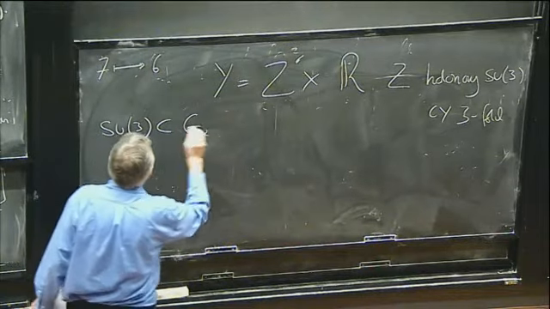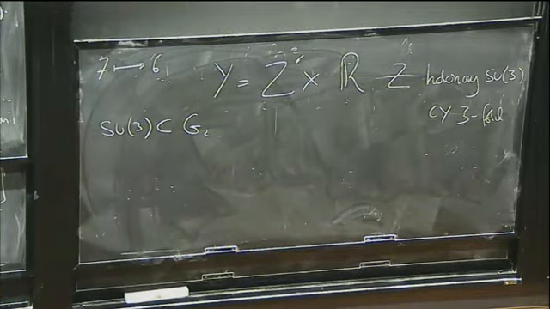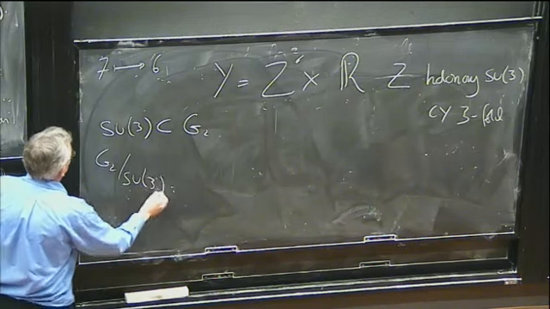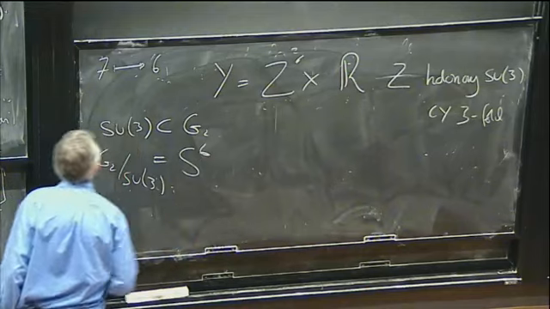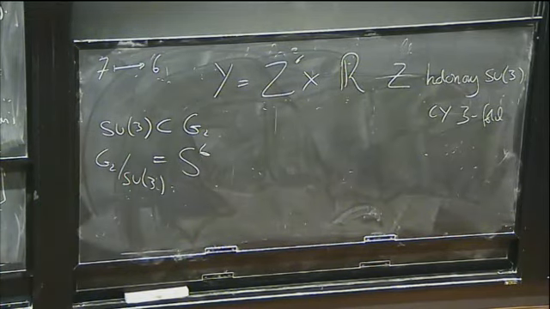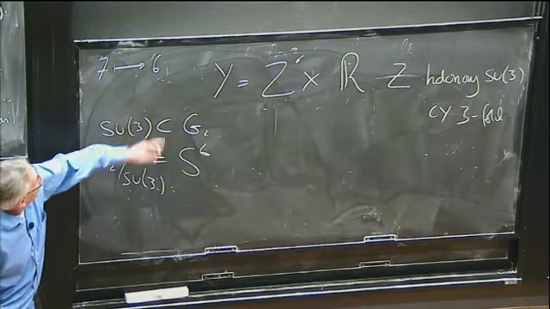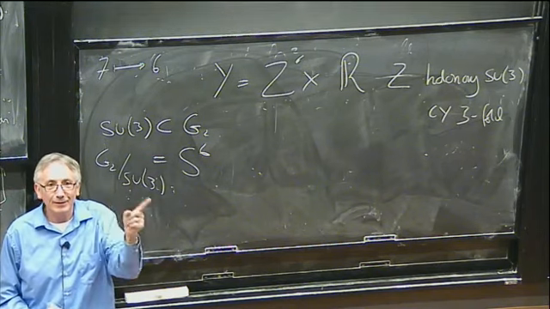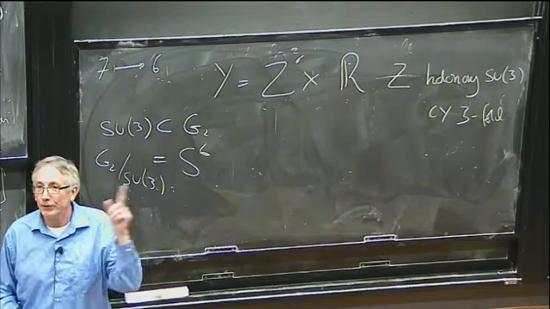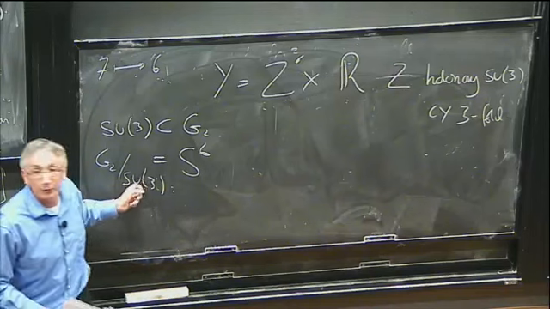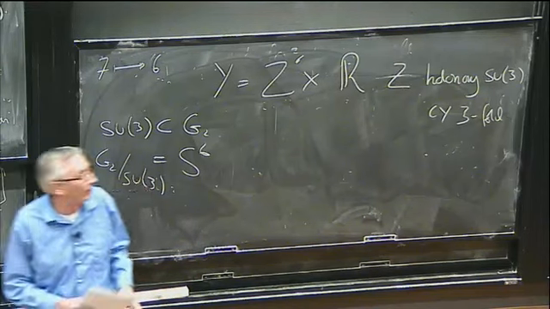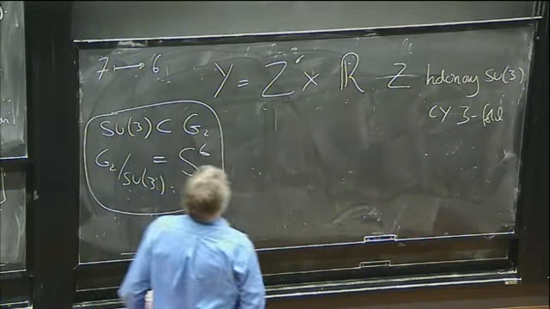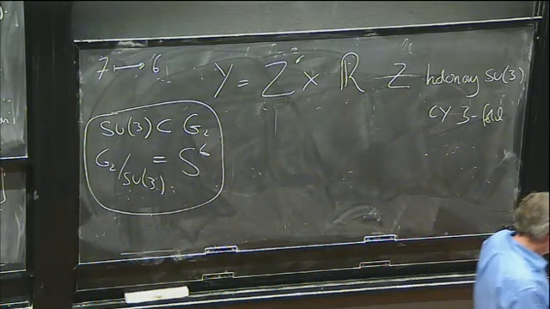In fact, as mentioned by Spiro, the quotient G2 over SU3 is just actually the 6-sphere. So more or less that's what this is saying, that once you've fixed a direction in your tangent space of your G2 manifold, the remaining symmetry is just the SU3 acting on it.